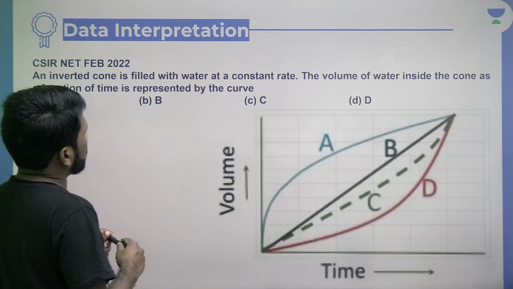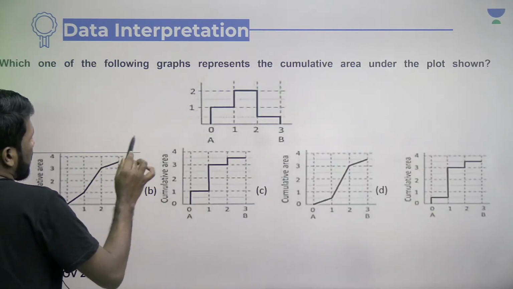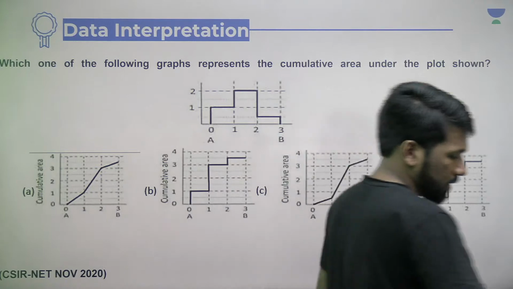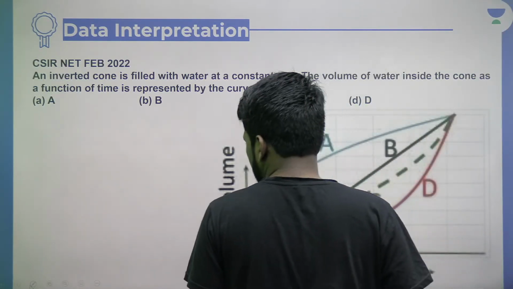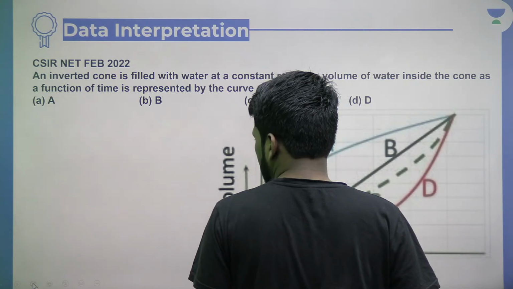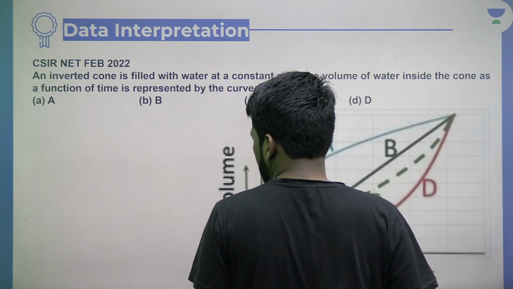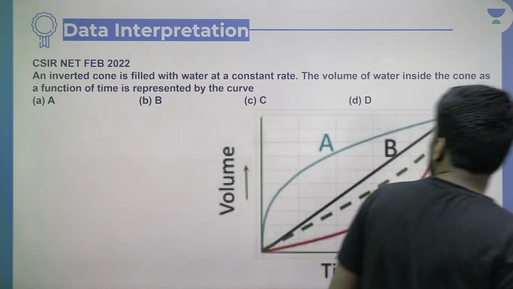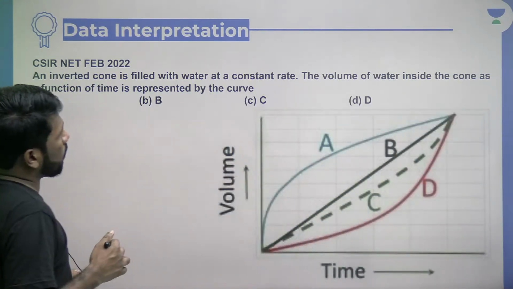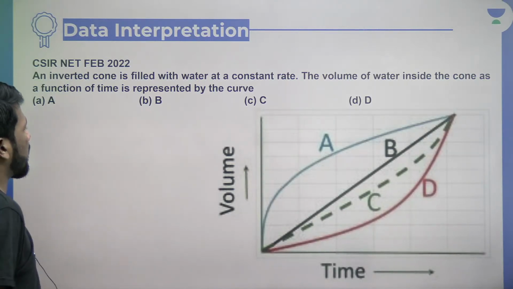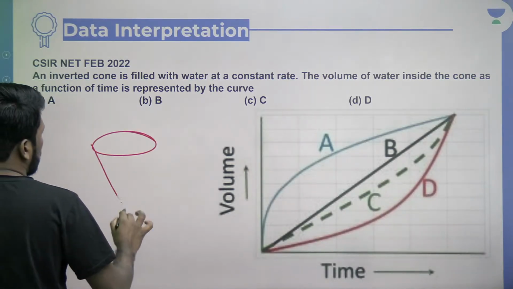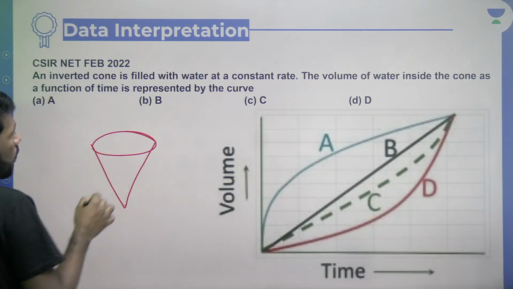An inverted cone is filled with water at a constant rate. The volume of water inside the cone as a function of time. So, if this is the cone, you are filling water into this cone.